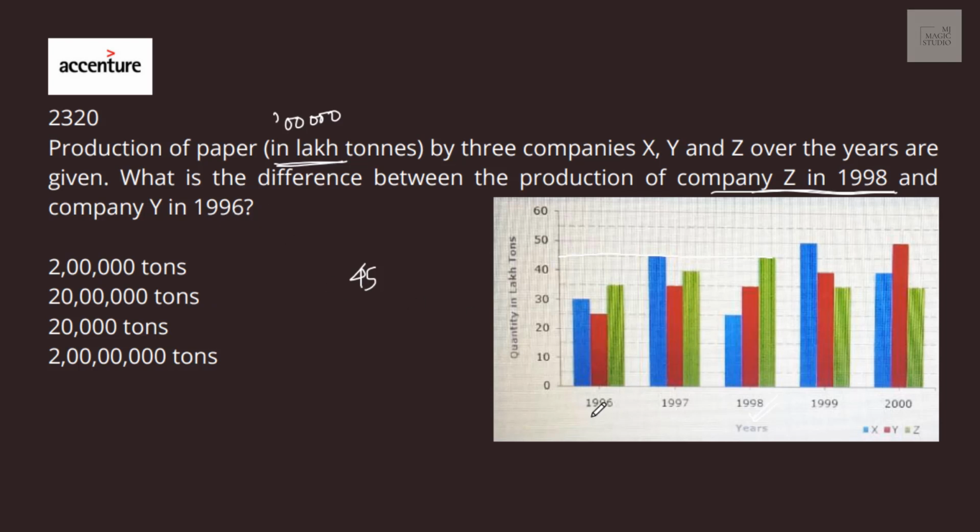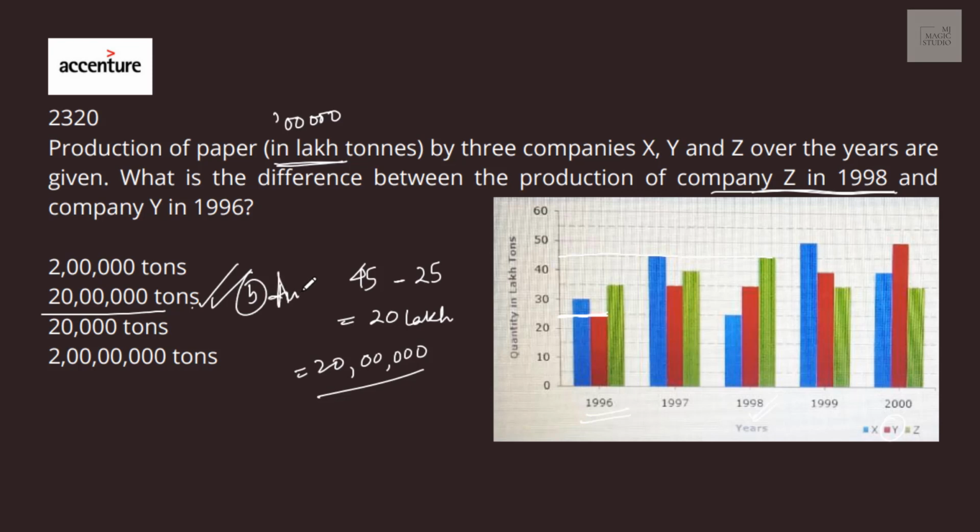And company Y in 1996, company Y is red, is like 25, between 20 and 30. So the difference between 45 and 25 is 20, but this is in lakhs, so it would be lakh tons. 20, after that 5 more zeros, 2,000,000 tons. Option B would be the correct answer.